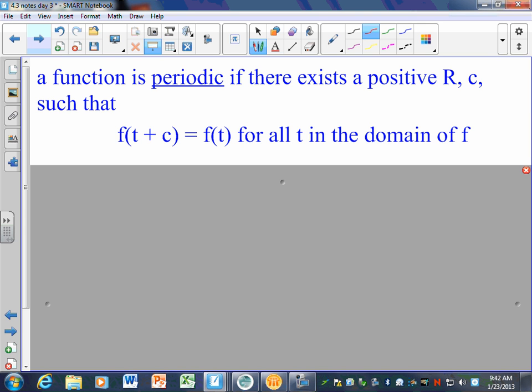A function is periodic if there exists a positive real number. That's what this R stands for. If you want to change that to a real number, you can. And they're calling that real number C in this formula.